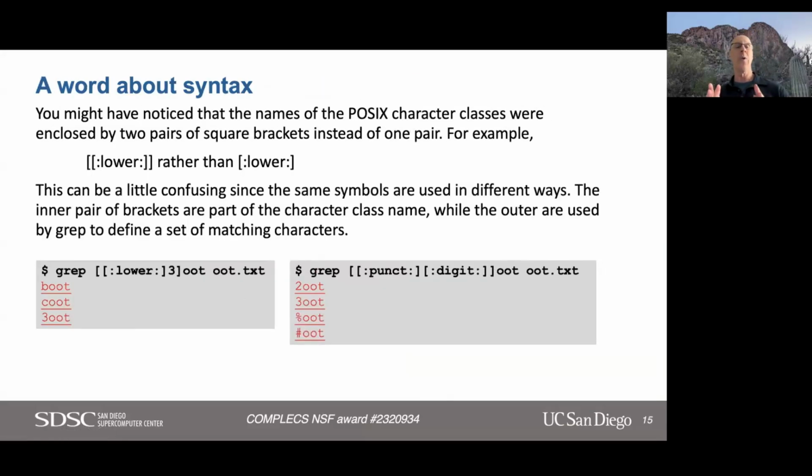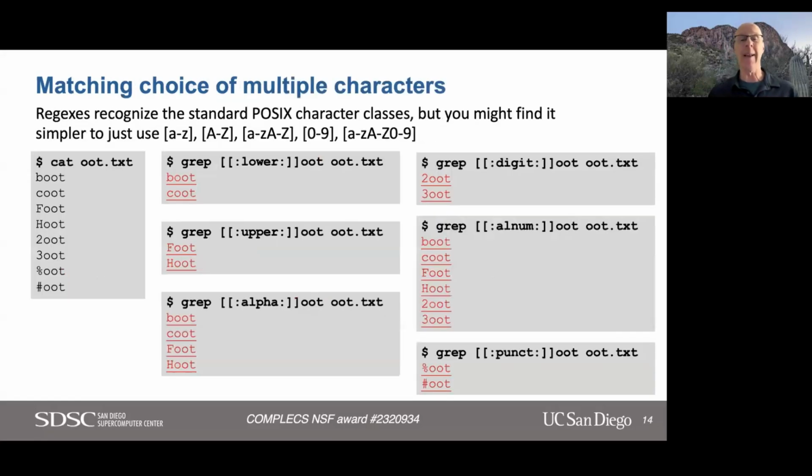Now, just a word about syntax, and this is something that you might find a little confusing. The character class is defined by square bracket colon, the name, colon, square bracket. But you'll notice in all of our examples that we have two pairs of square brackets. So for example, left bracket, colon, lower, colon, right bracket.